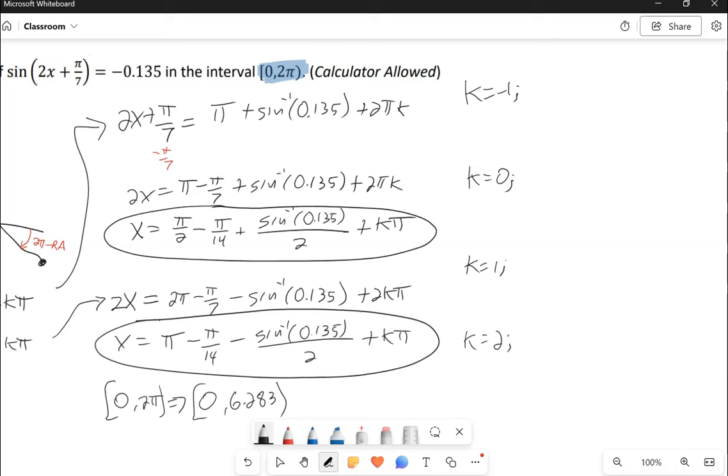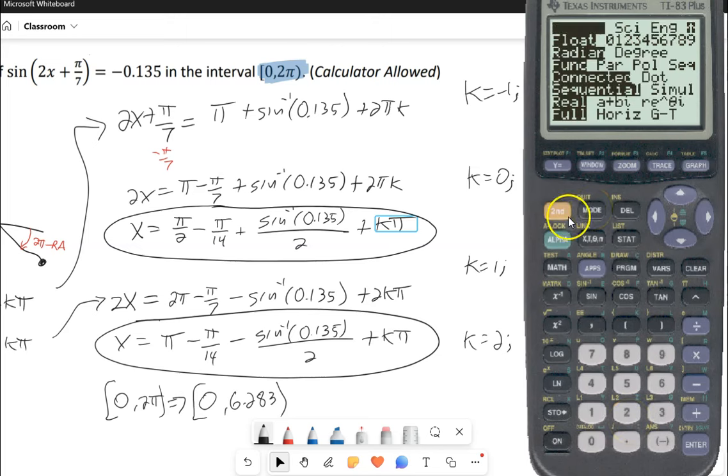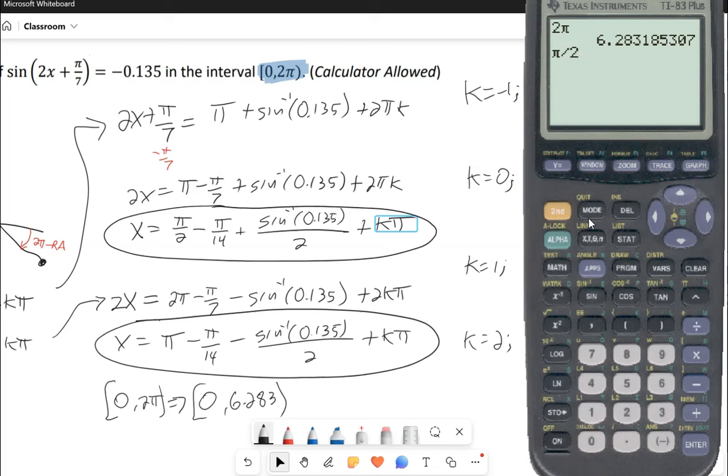These are the values we're looking for, between 0 and 6.28-ish. Okay, so with our calculator, I want to type this in a way that we can change it easily. So how I'm going to do is I'm going to do pi halves. Oh, let me check my mode. Radian. Okay, perfect. This is all radian stuff.